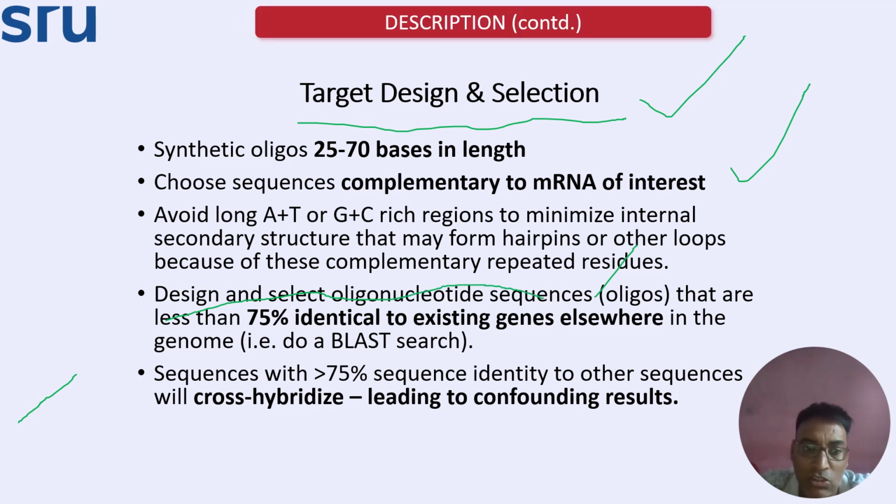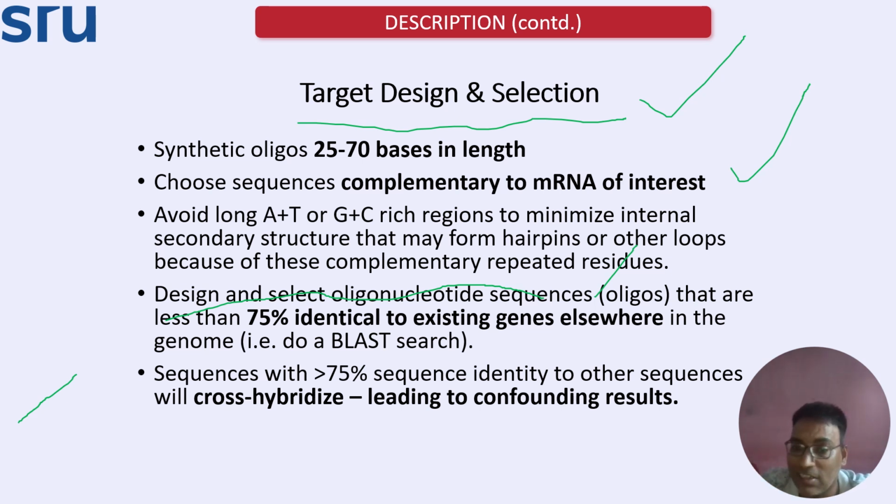These oligos should not be more than 75% identical to existing genes elsewhere in the genome. Whatever oligos or key target I am choosing, that probe should not be present elsewhere. Greater than 75% identity should not be there anywhere.